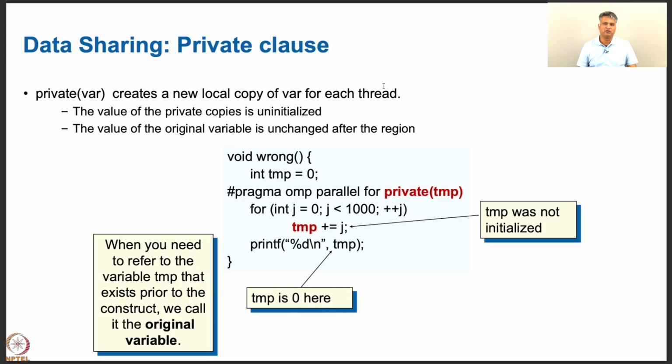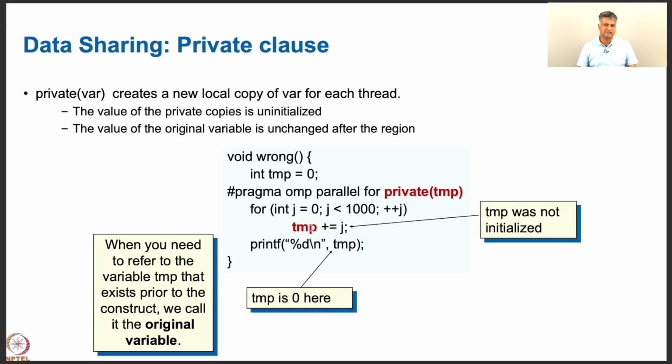So, for example, in this code, I do say that each thread has its own copy of temp. While I initialize the value of temp over here, it is being done only for the serial part of the code. It is not being done for the parallel part of the code where multiple threads are being generated. So, different threads do not have this initialized value of temp.